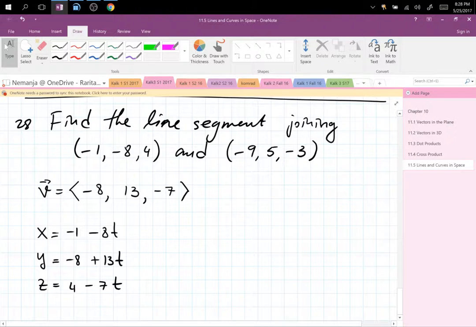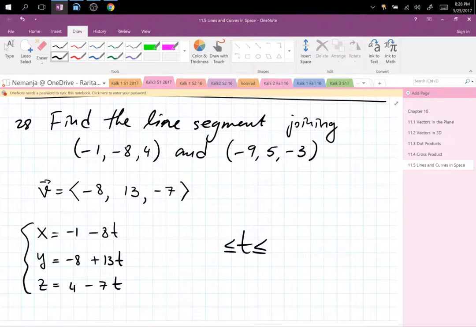Okay, so now let's be smart about this and figure out what are those values that we have to have here for t. Well, what has to be the value t so that this line segment, when you plug that value t across the board, gives us the first point? 0.